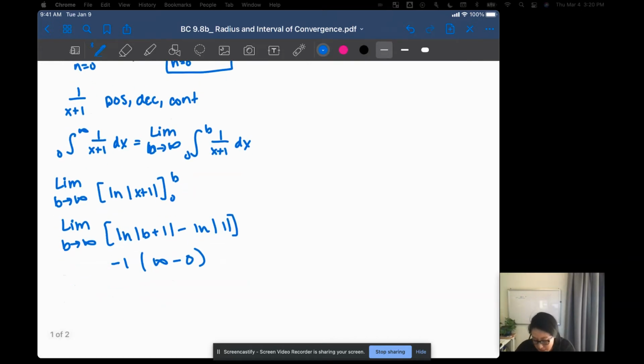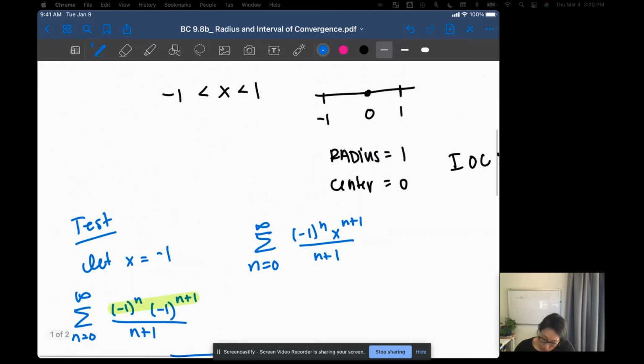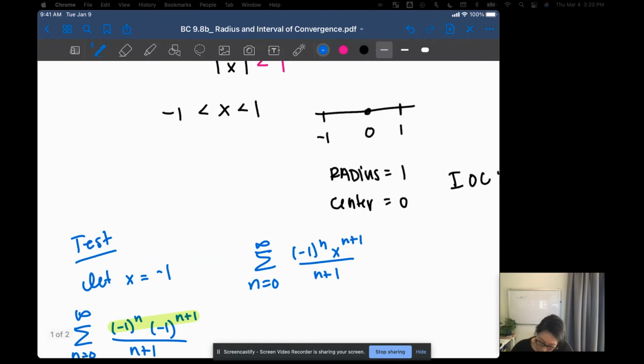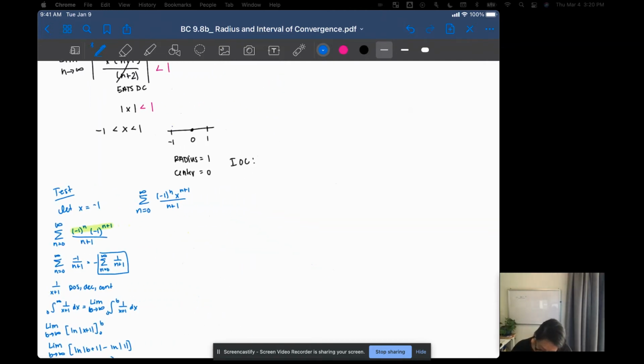So the series diverges by integral test. Okay, so going back up to our number line, at negative 1, we diverge.